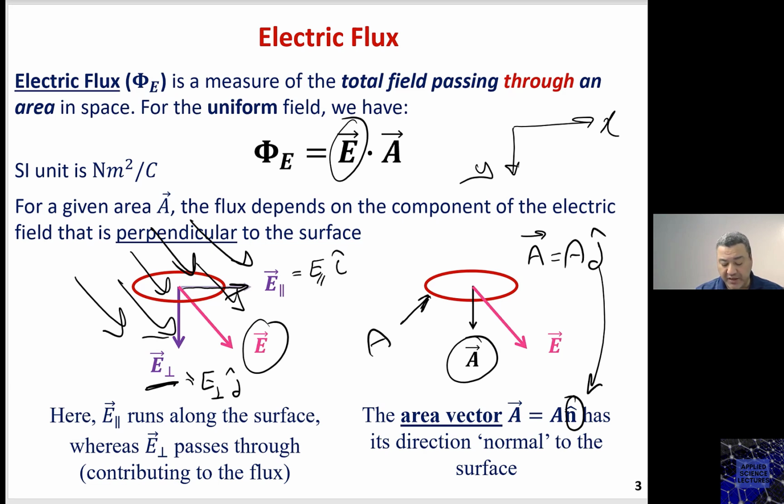So the flux equals E perpendicular j hat plus E parallel i hat, dot A j hat.